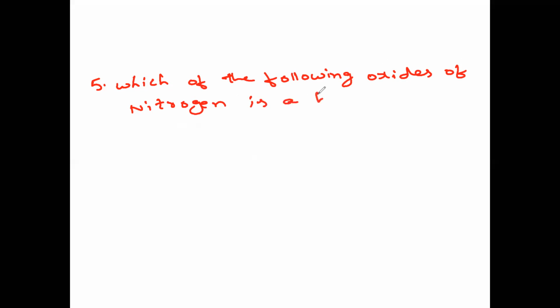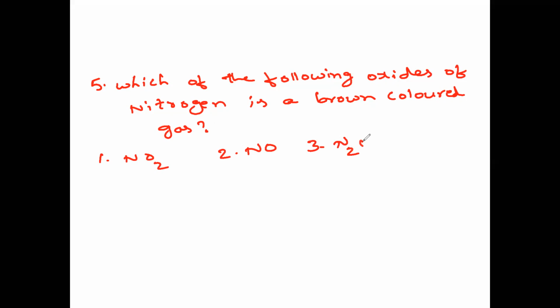This has come again for NEET. First option, nitrogen dioxide. Second option, nitric oxide, nitrogen monoxide. Third option, N2O. And fourth option, N2O5. Since we have done the class just now, easily we can remember the answer: reddish brown colored gas is nitrogen dioxide. But in the final exam, you have to remember all these things. I hope it is clear.